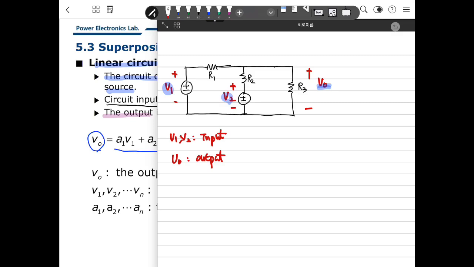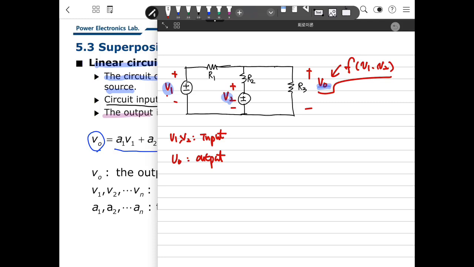So we have to get the equation for V out with two inputs, V1 and V2. That is the characteristic of this electric circuit. Then what should we do to get the VO?